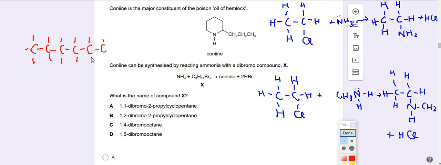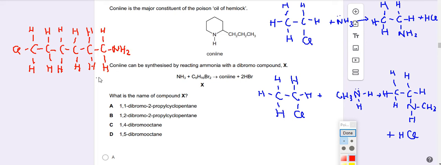Now I want the first carbon to be bonded to a Cl, and then I want the last carbon on the right hand side to be bonded to an amine group, the NH2. Now because this molecule is long, and they have two functional groups in the molecule, they can react with each other.